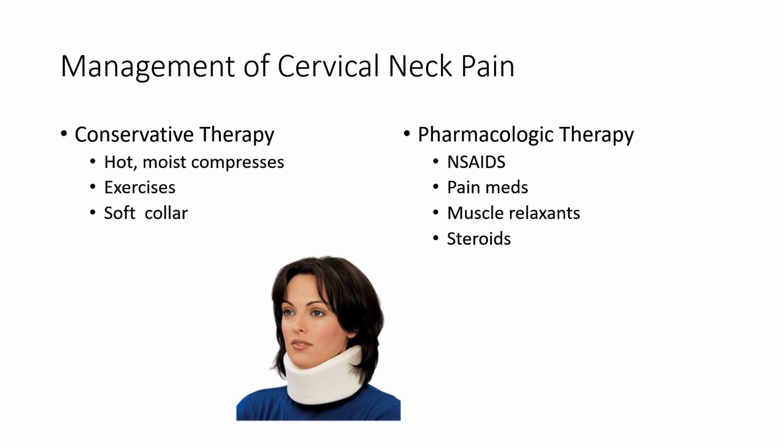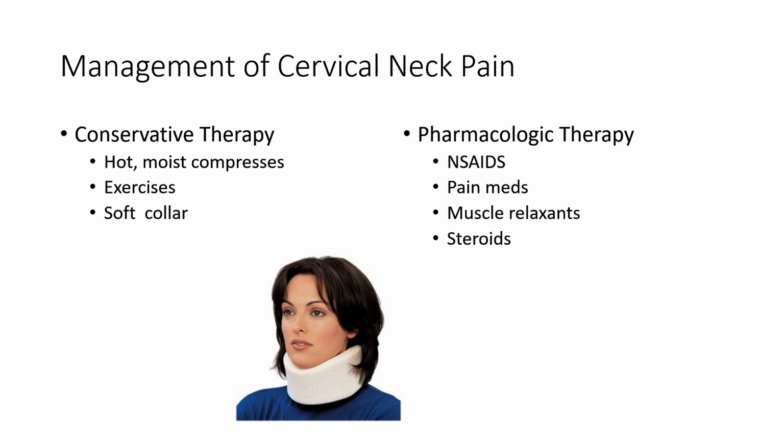Conservative treatment of cervical neck pain includes wearing a soft cervical collar, which you see in this picture, especially at night, the use of hot and moist compresses, and exercises taught by the physical therapist.